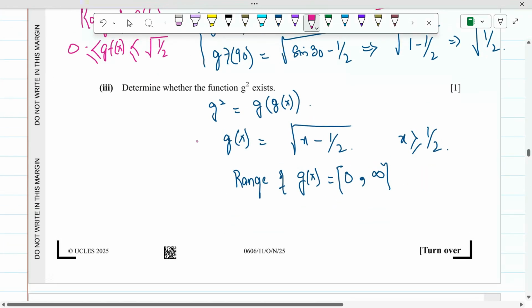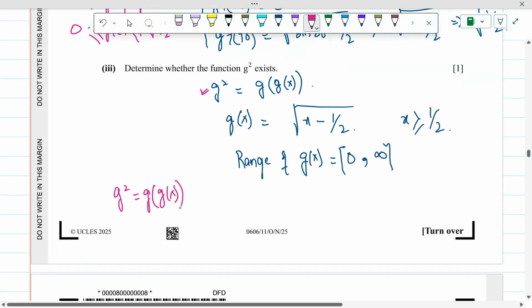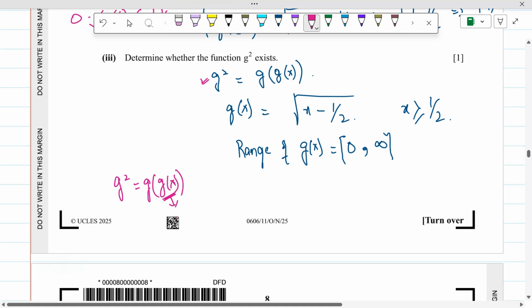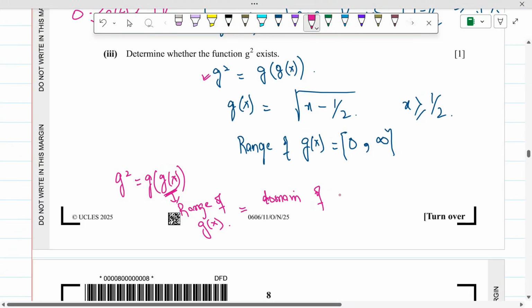On the other side, this g square, which is g of g of x, has the range of g of x as its domain.